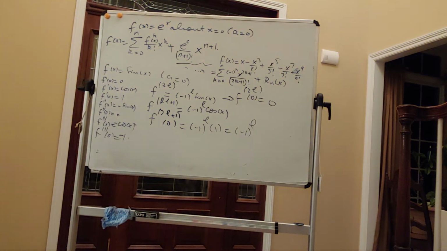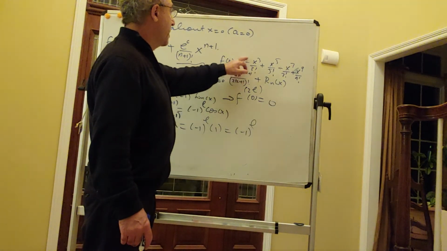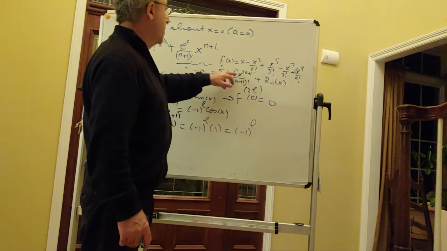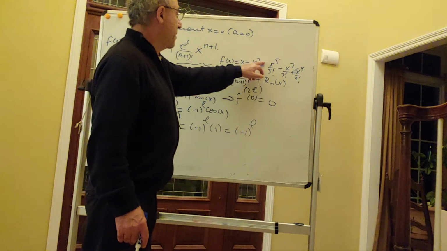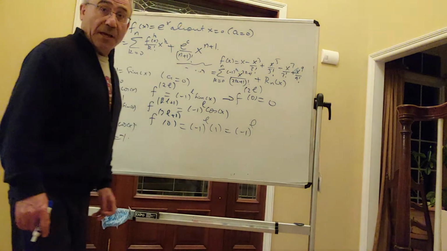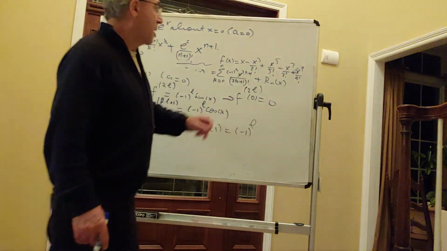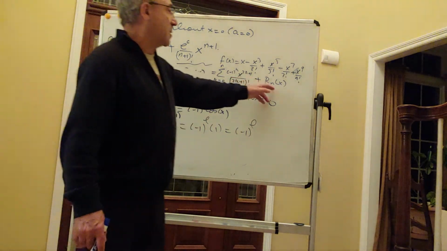If k equals 0, you will get the first one. k equal to 1, you will get that one, and this will be minus. k equal to 2, you will get that one. k equal 3, k equal 4, and then you go all the way to n, plus Rn of x.